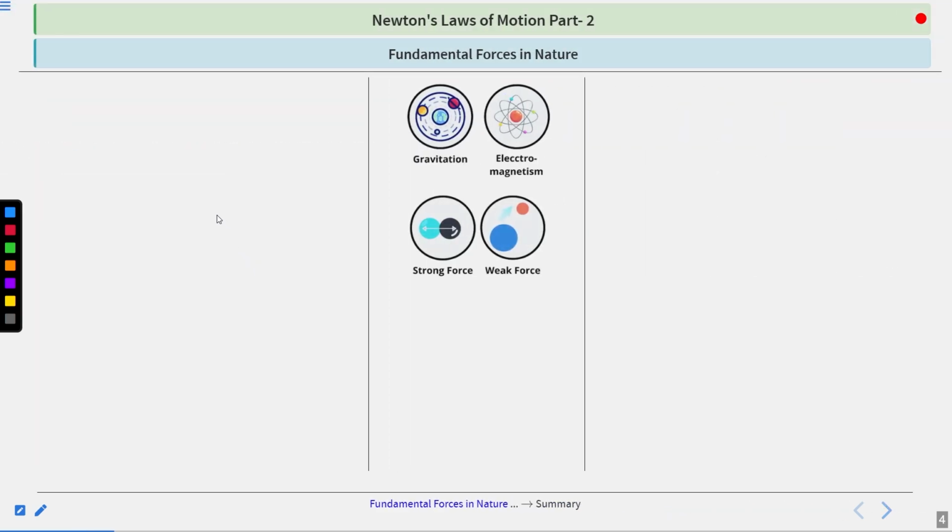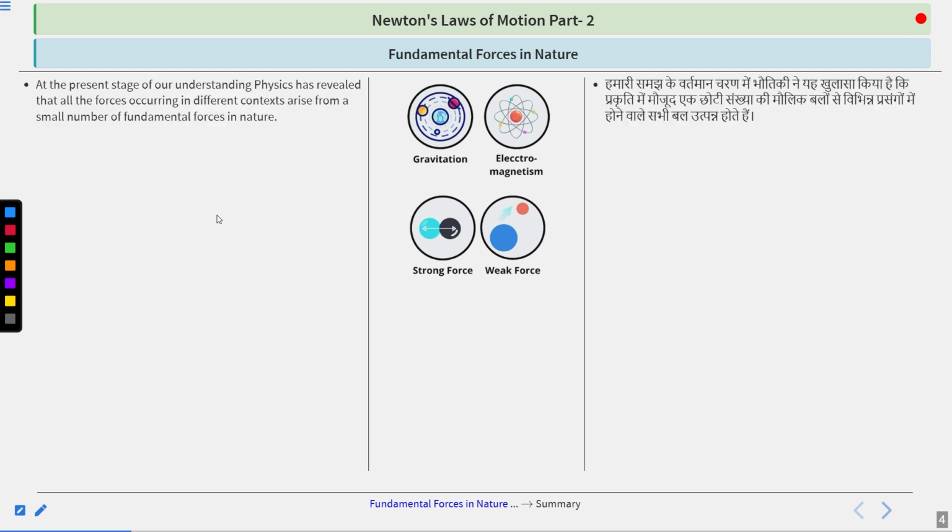Now, let's begin with the fundamental forces in nature. At the present stage of our understanding of physics, if you remember when we had started the discussion over units and dimensions and were discussing science, I had told you one thing: science is not static, it's dynamic.